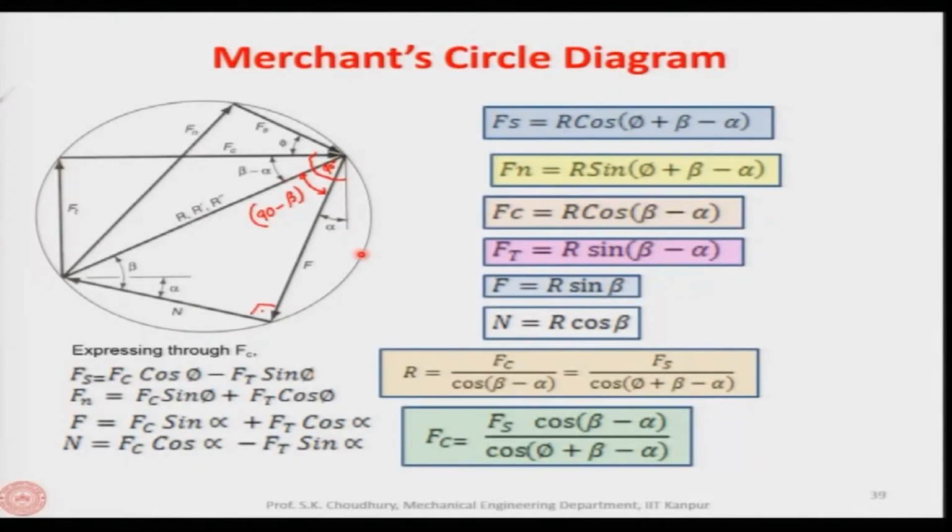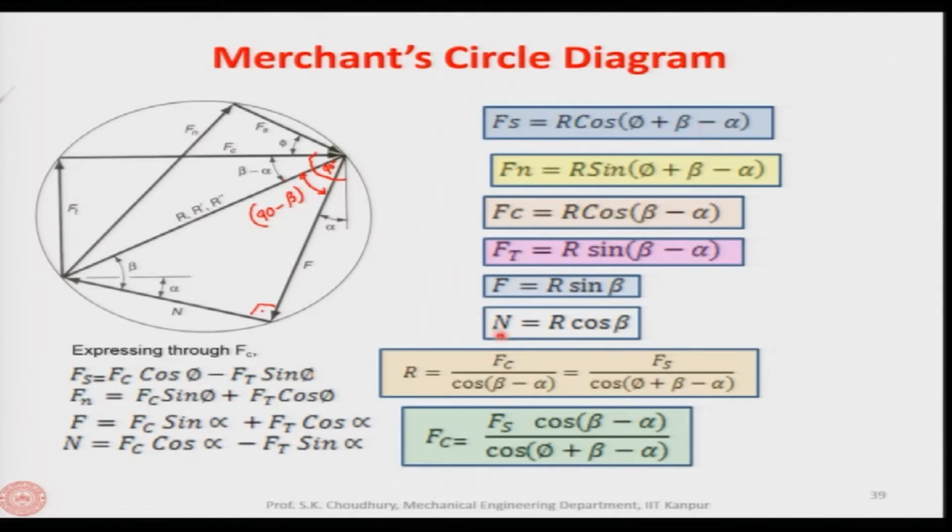This is known as the Merchant's circle. From here, knowing that these are the angles, phi is the shear plane angle, alpha is the rake angle and beta is the friction angle, we can correlate the Fs, Fn, Fc, Ft, F and N with the resultant force and these three angles.